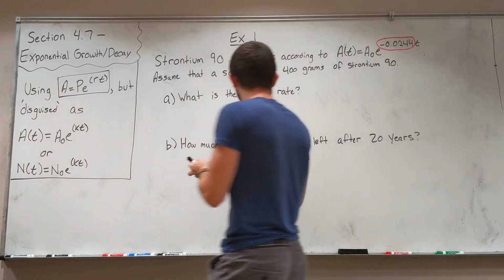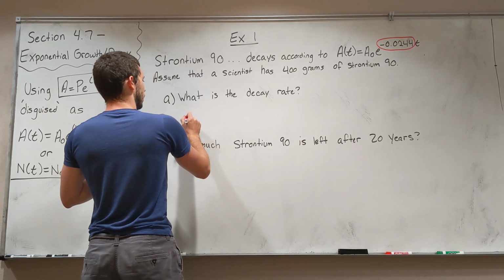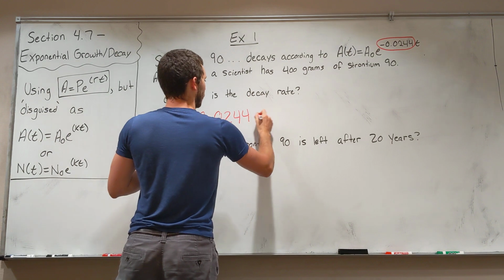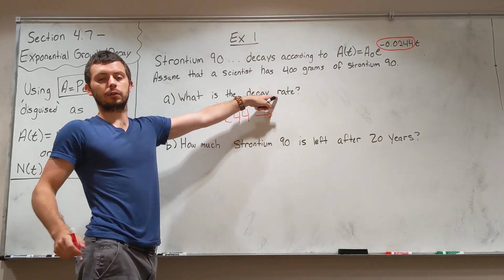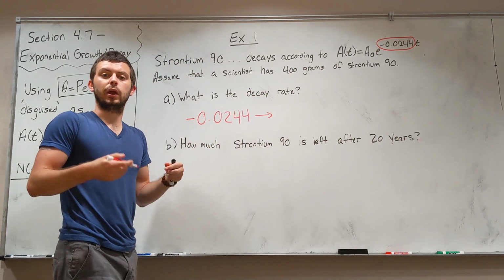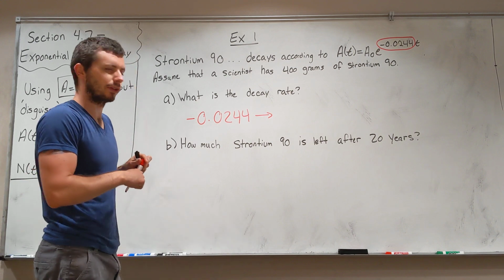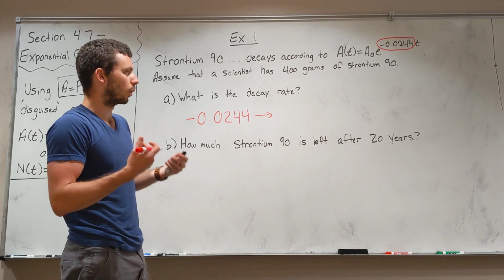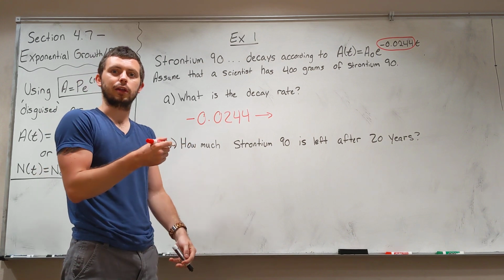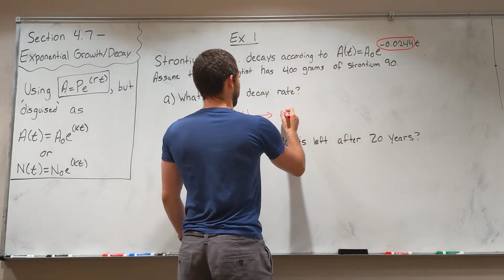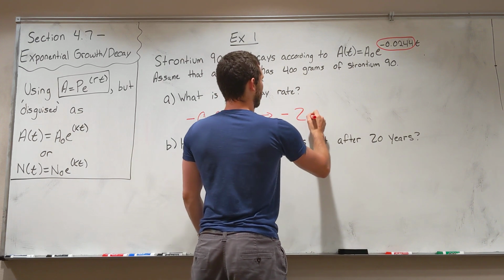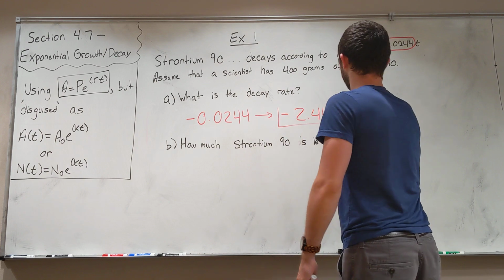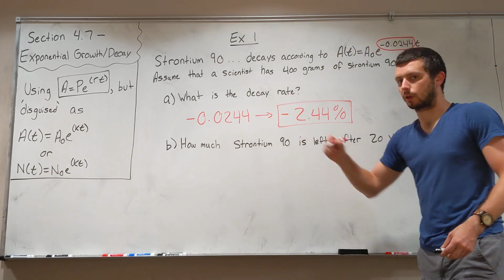So that quantity is in fact negative 0.0244, but they want the rate, and the rate refers to a percentage. So they simply want you to convert this value into a percentage, and that will be more explicit by the percent sign on this problem. So this would be negative 2.44%. And this is the answer that they would want for part A.